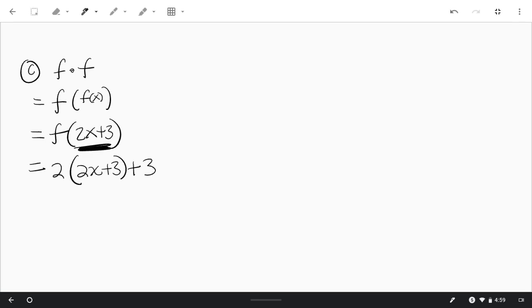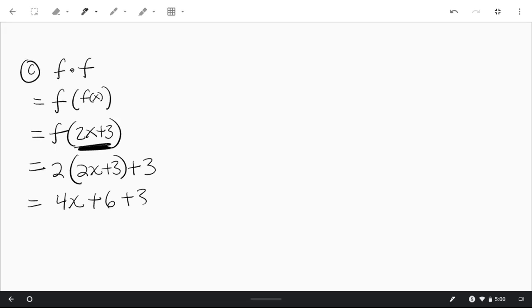All right, let's multiply this out. We should get 4x plus 6 plus 3. And so we get 4x plus 9.